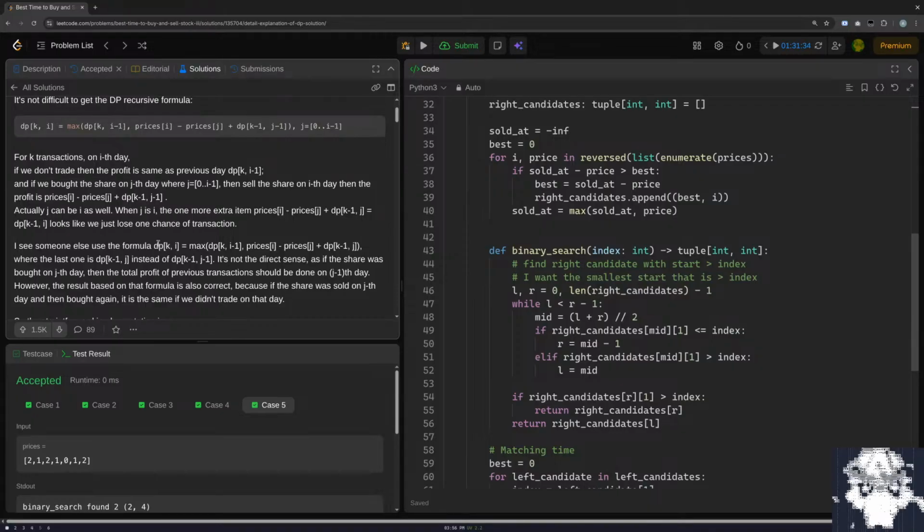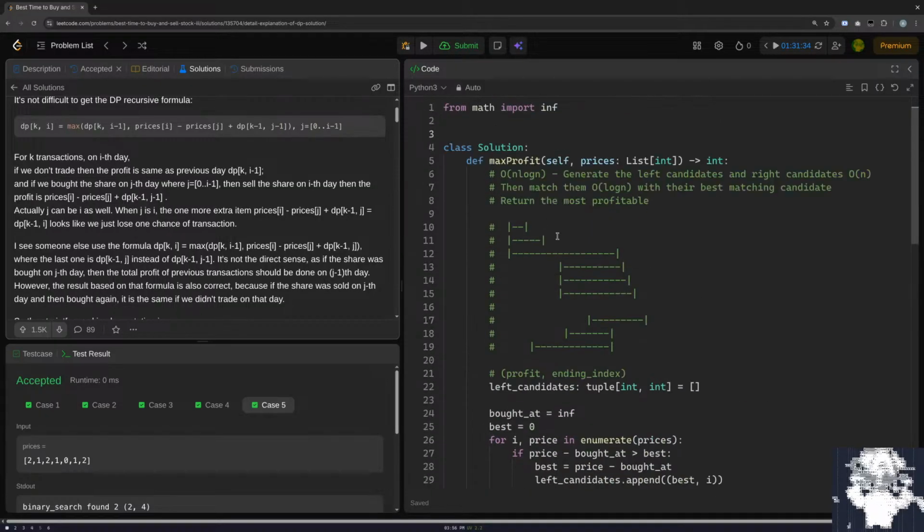So the thing I said way at the beginning, on each day you either do a transaction or you don't. I think that's the way to think about this. And then this is the two dimensions here. Are these like transaction 1, transaction 2?